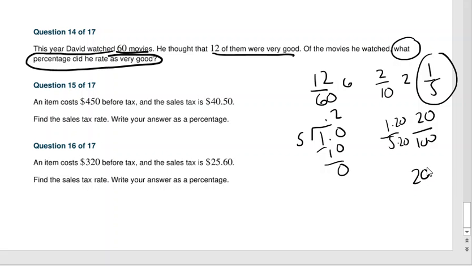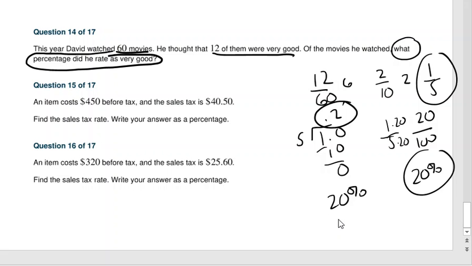And anytime you have something out of 100, that is a percentage, so 20%. And if we take the 0.2 and times that by 100, we also get 20%. So when you're trying to take a fraction and make it into a percent, you can make your denominator 100, or you can change the fraction into a decimal by dividing the numerator by the denominator and then change that into a percentage.